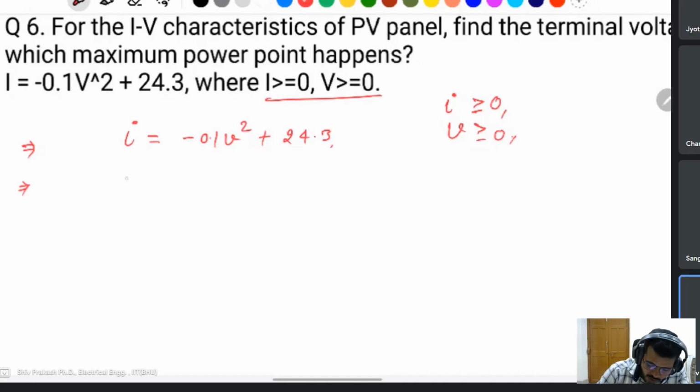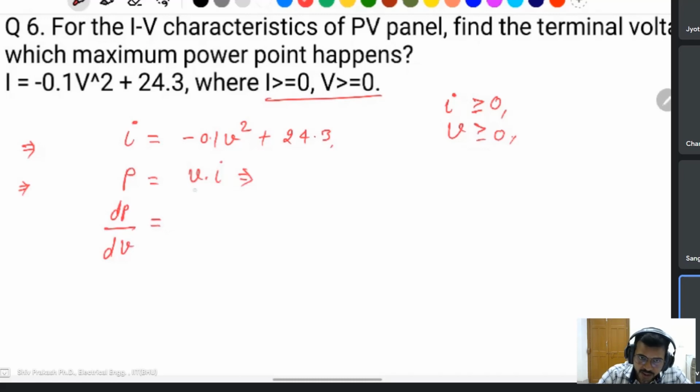All of you know about power. Power is equal to V into I. Then differentiate dP by dV with respect to the voltage; the current is an expression of the voltage.